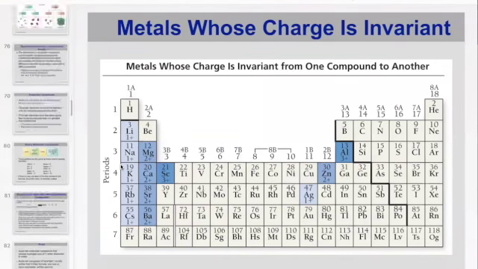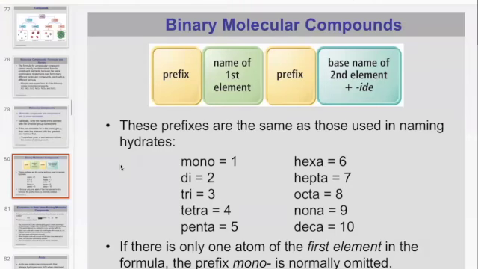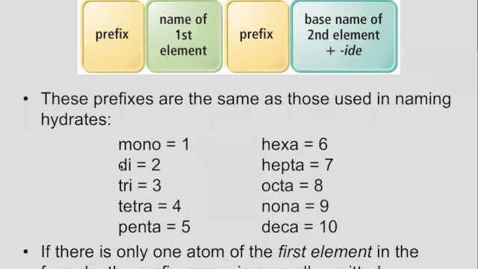So let's continue. When we are naming these, we're going to be using prefixes. So you put the prefix depending on the number of atoms of the element that you have, except when the first element only has one, then you don't say mono, you just say the name.